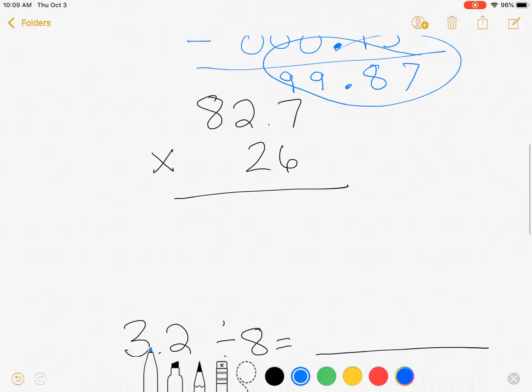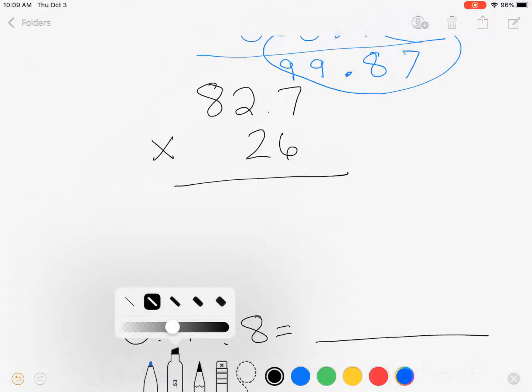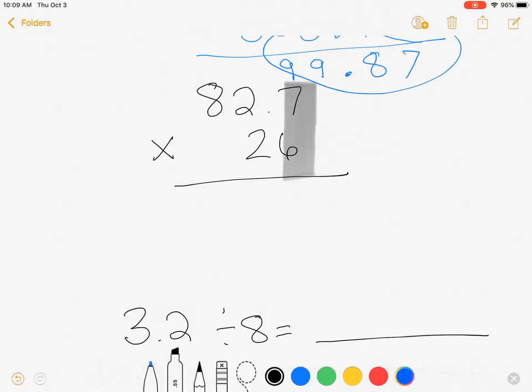And now we're going to multiplication. So I have 82 and 7/10 times 26. What am I going to multiply first, Lakeland? The 6. You're going to multiply 6 by the 8, the 2, and the 7. So 6 times 7, 42.